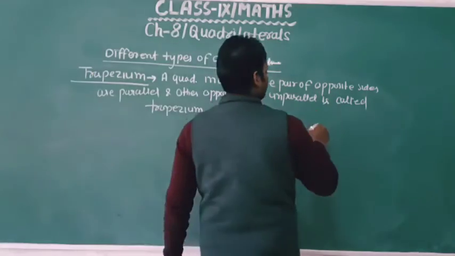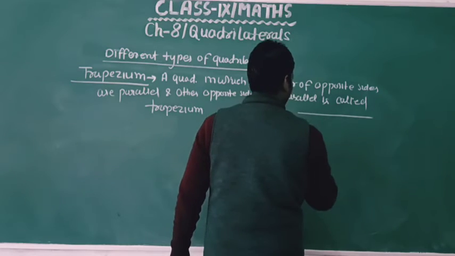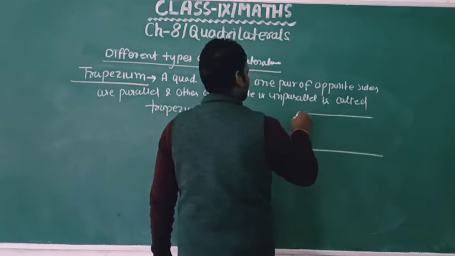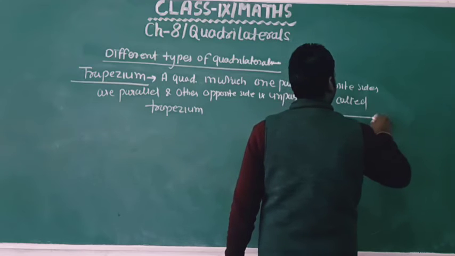The figure of a trapezium has one pair of opposite sides parallel and the other pair non-parallel.